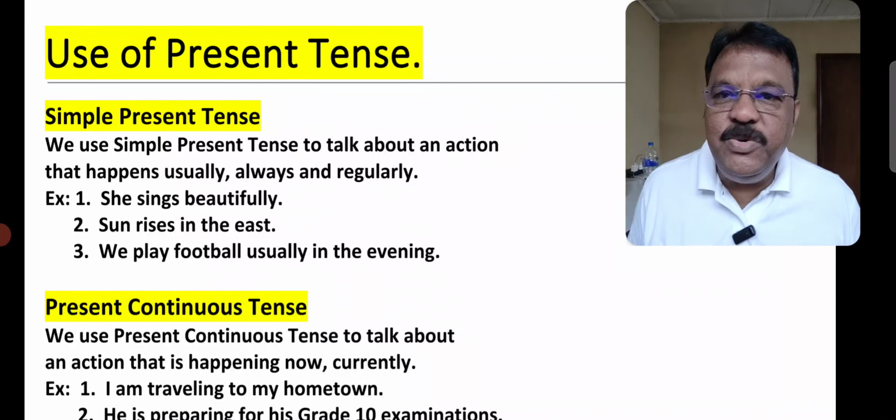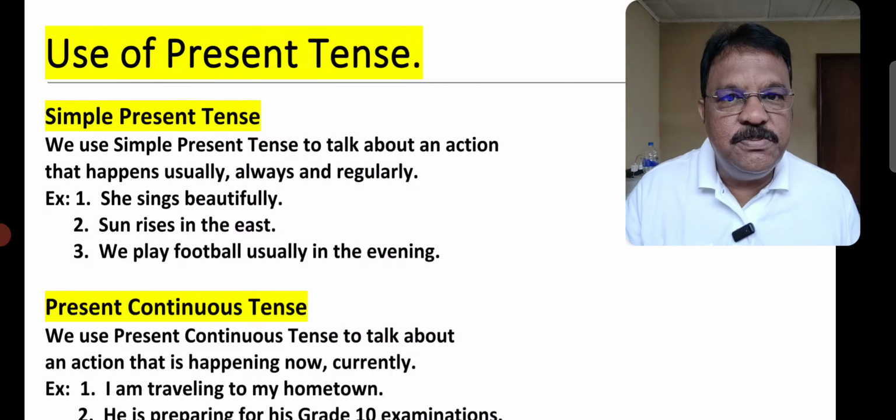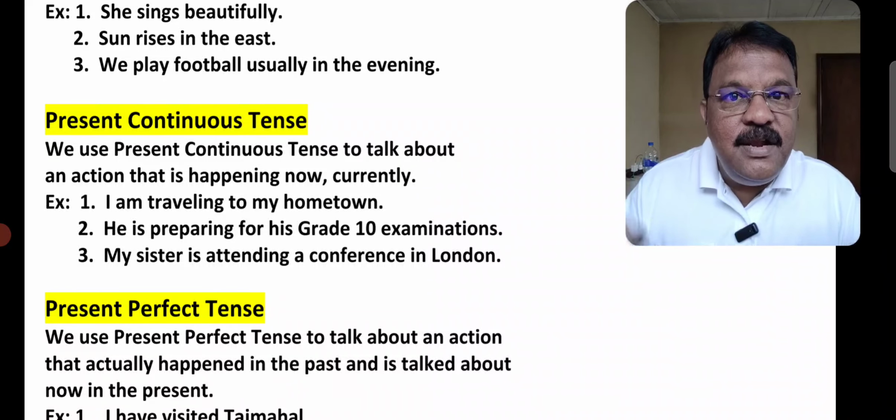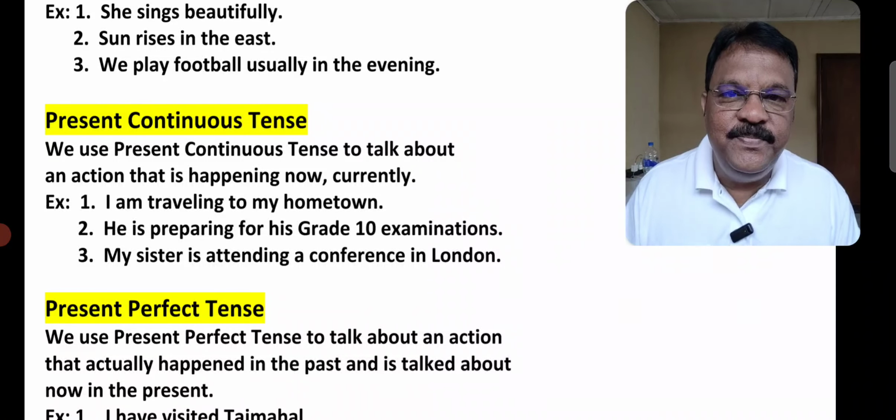Now, present continuous tense, my dear friends, is something different from simple present tense. We use simple present tense to talk about an action that happens usually, right? But we use present continuous tense to talk about an action that is happening right now, currently.